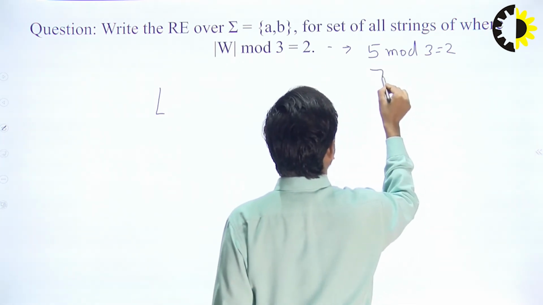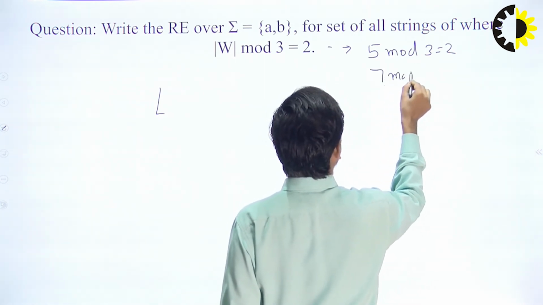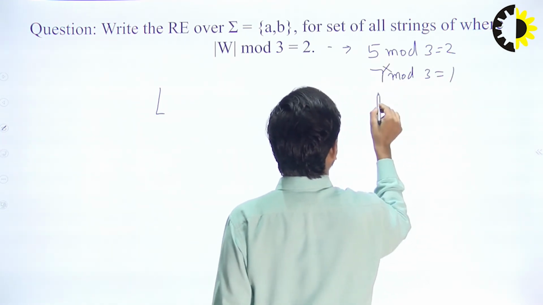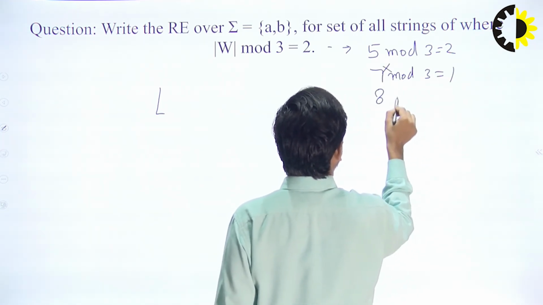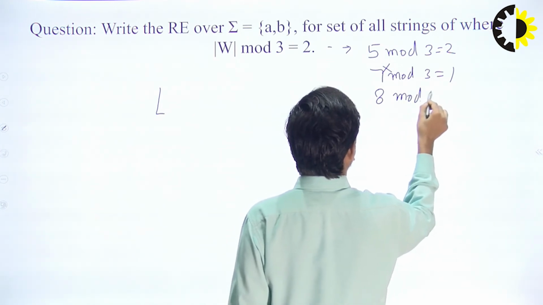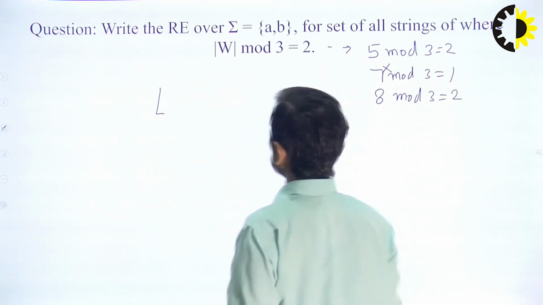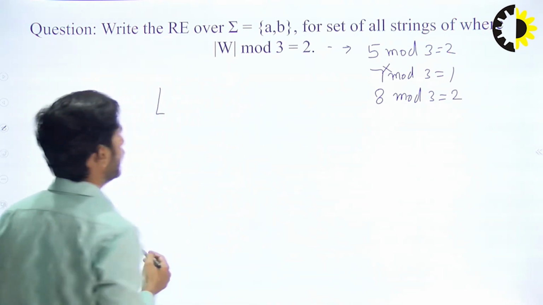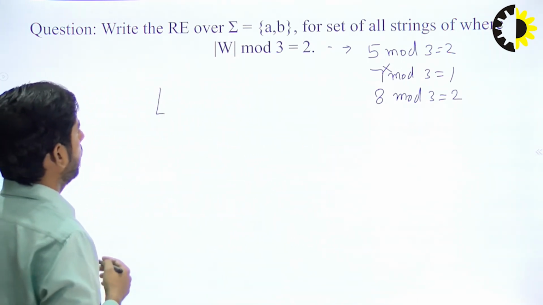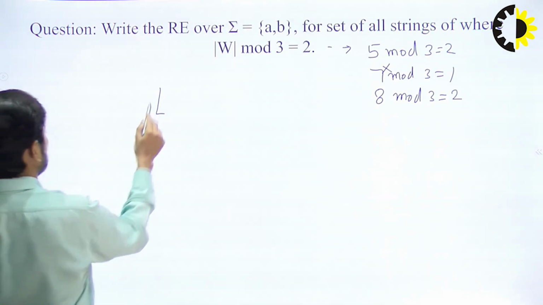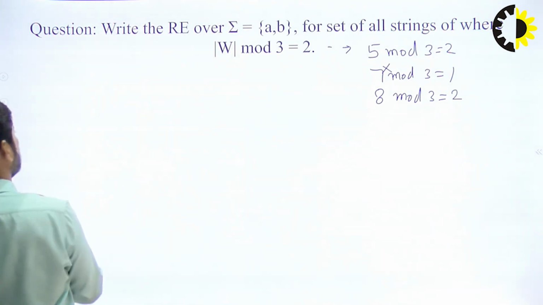Length is 7. 7 mod 3 equal to 1. So a 7 length string will not be considered. Suppose 8. 8 mod 3 equal to 2. So this type of string will come under the category of the required strings.